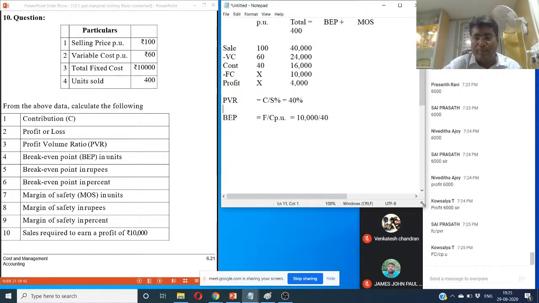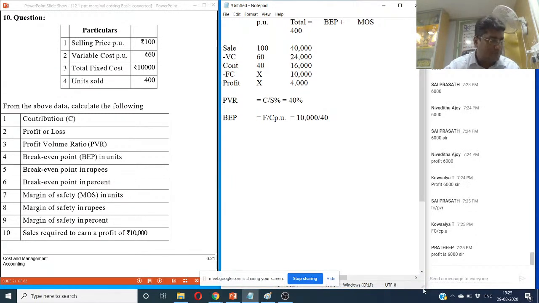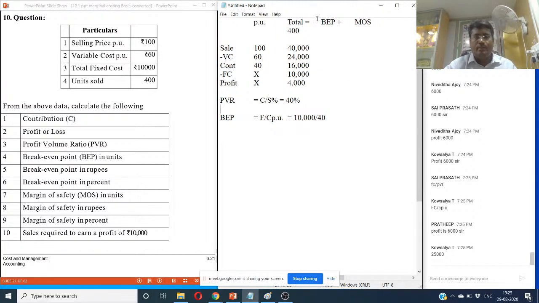Formula basis will help you to get all the answers faster. BEP formula: fixed cost divided by contribution, BEP in units. Fourth one. PVR is the third one.